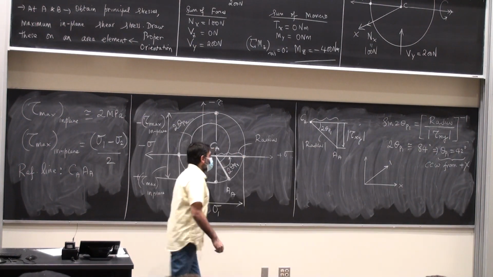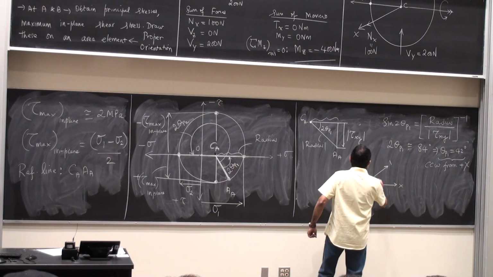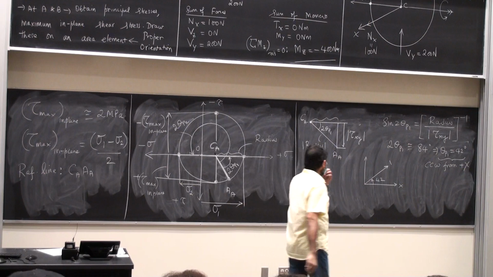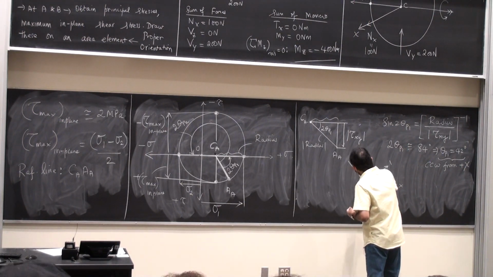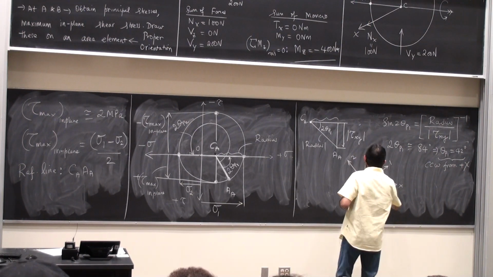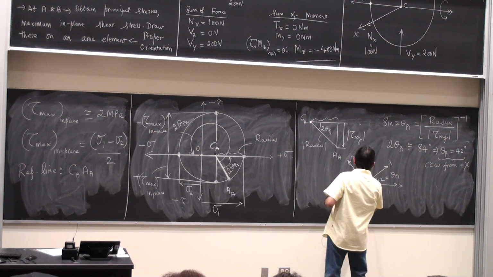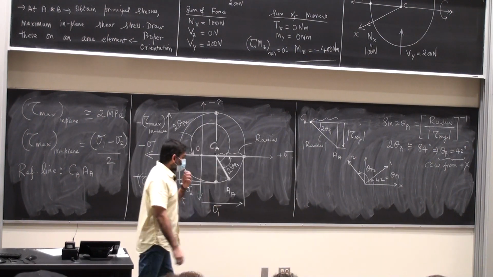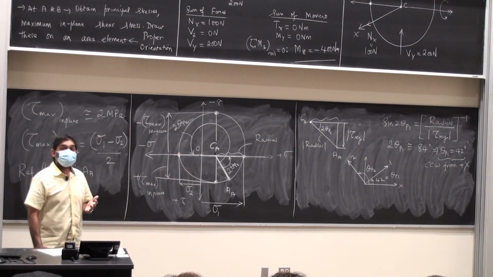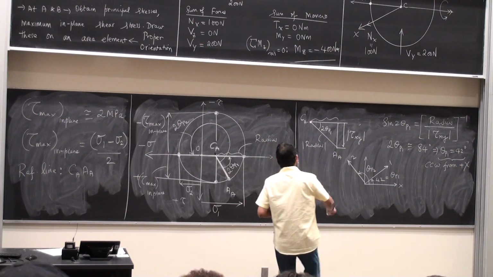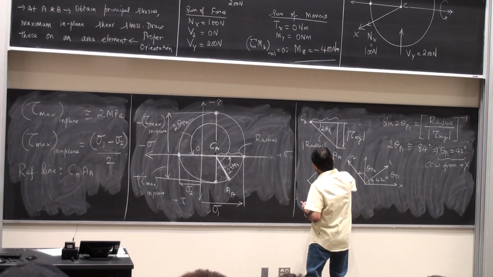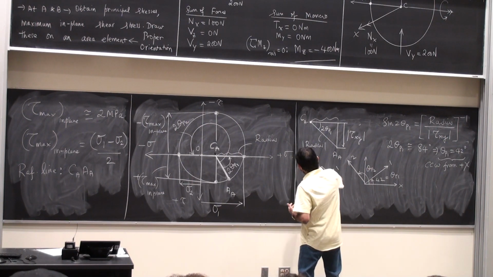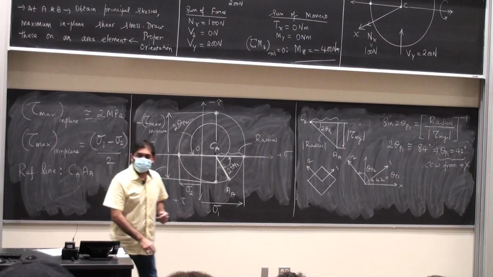Okay, so this is 42. And so my two axis is going to be 90 plus 42. And that's theta P2. And so if I now draw the rectangle, it is tilted. One, two.